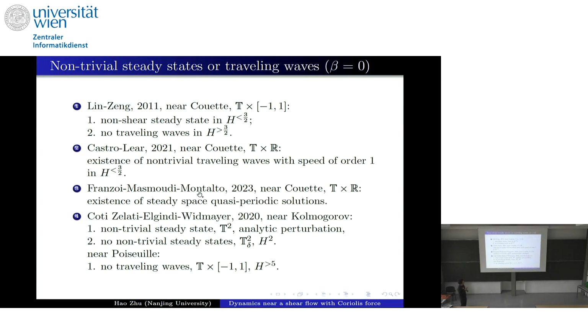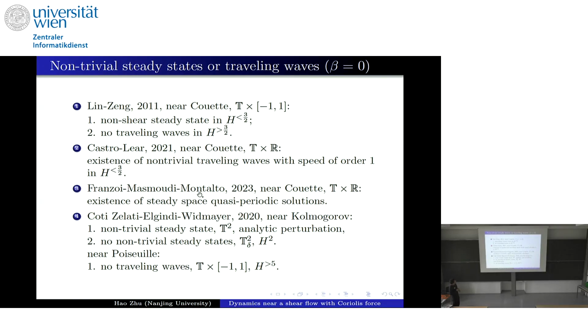The critical number is 3/2. If the regularity is bigger than 3/2, then the phenomenon mainly relies on the Couette flow itself. Since it has no embedded eigenvalue, the result is expected: there are no traveling waves in such a space.